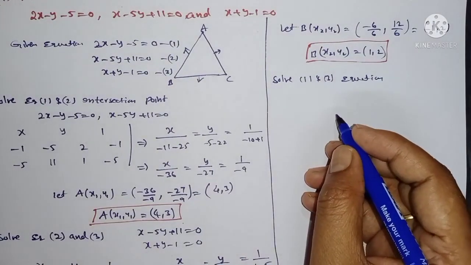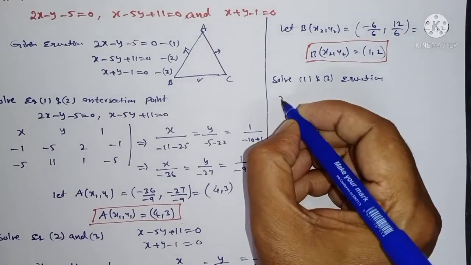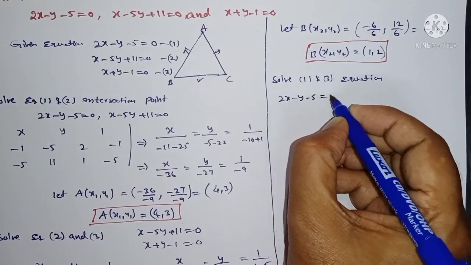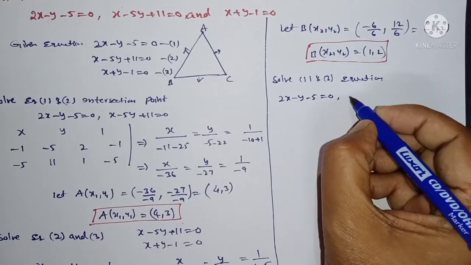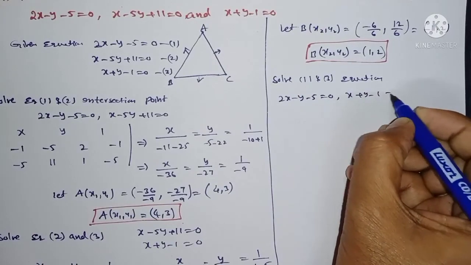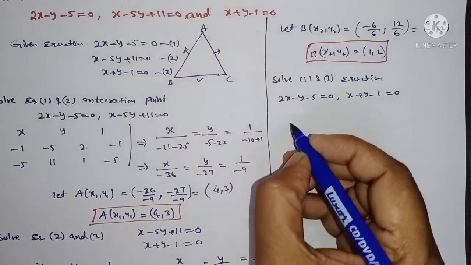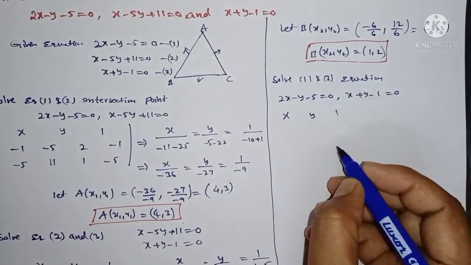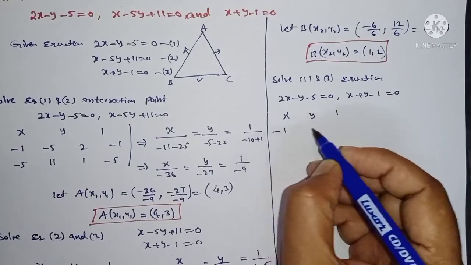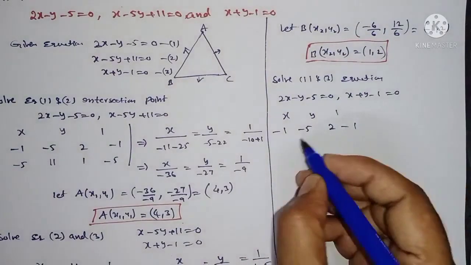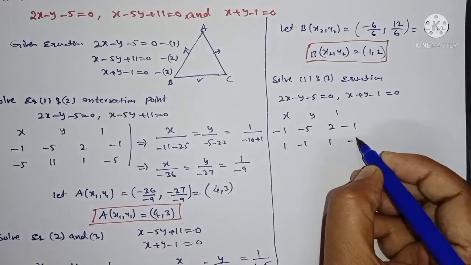One equation is nothing but 2x minus 5y plus 11 is equal to 0. Third equation is x plus 5y minus 1 is equal to 0. Similarly you can write here x, y and constant. Therefore I can write here minus 1, minus 5, 2, minus 1 as it is, and 1, minus 1, 1, 1 only.